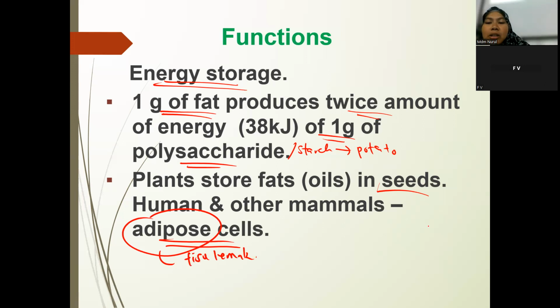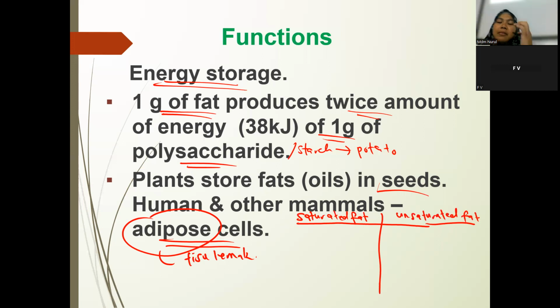Okay. Now please make a table kat muka surat kosong, comparison between saturated fat and unsaturated fat. Beza antara lemak tepu dengan lemak tak tepu.